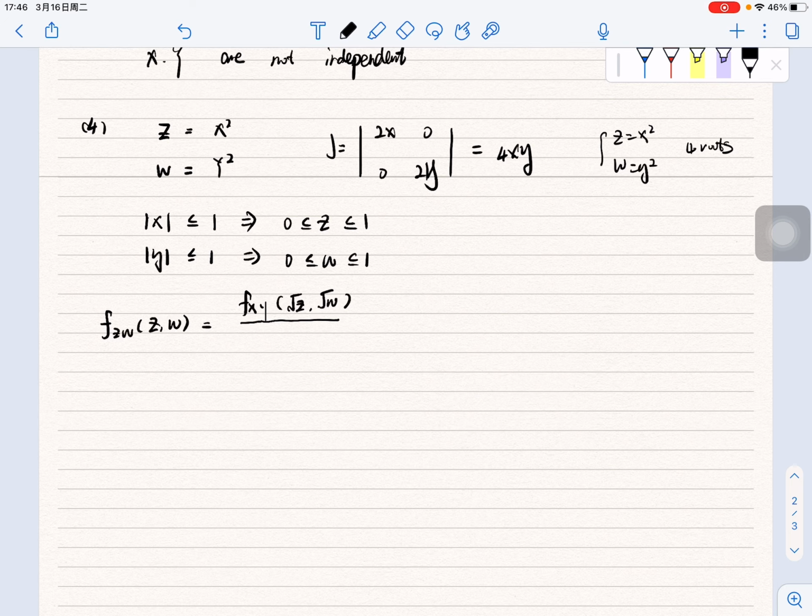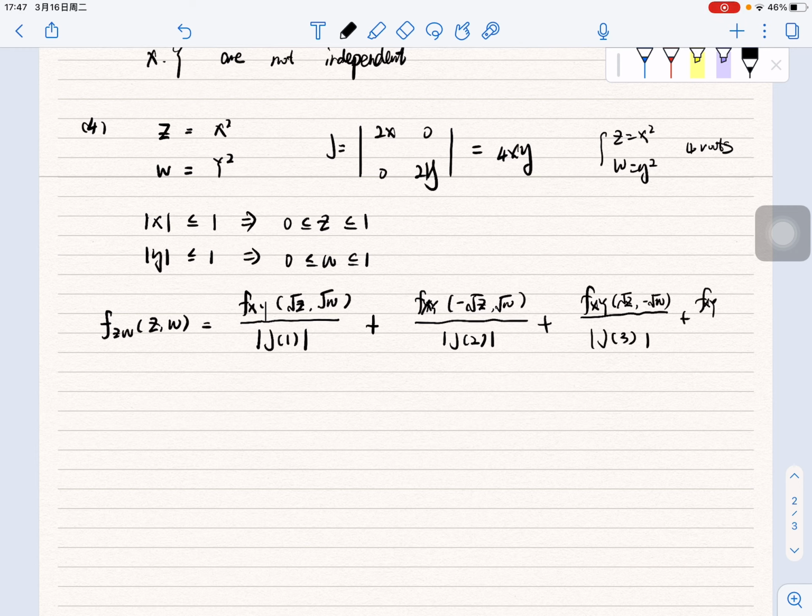Then divide by J1, plus fxy at minus root z, root w, divided by J2, and then fxy at root z, minus root w, divided by J3, and fxy at minus root z, minus root w, divided by J4.